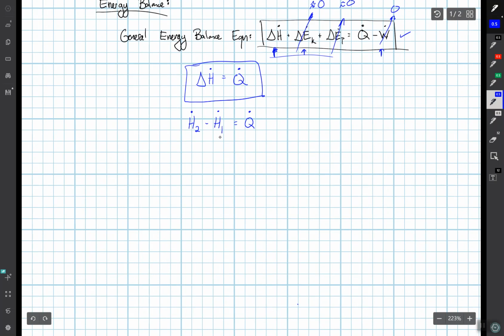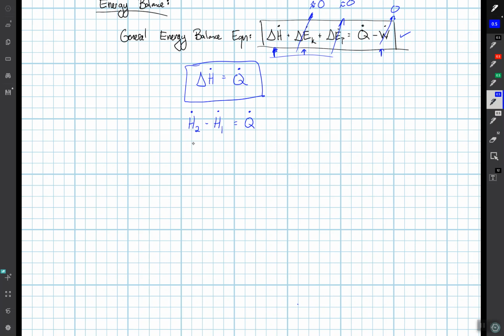All right, so this is what we have right now, H2 minus H1 dot in both cases equals Q dot. We can split this up a little bit more, right?